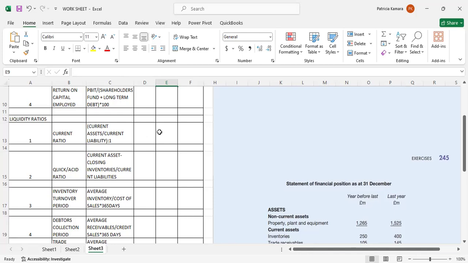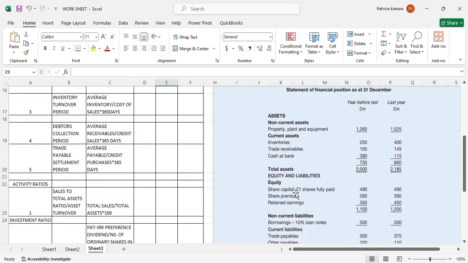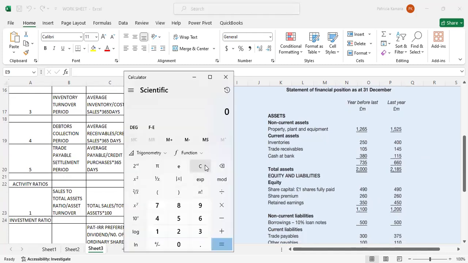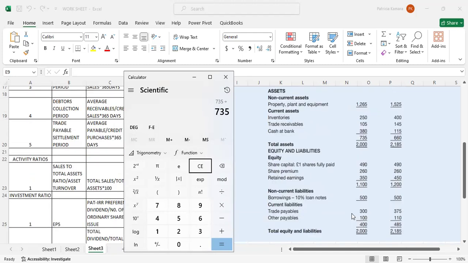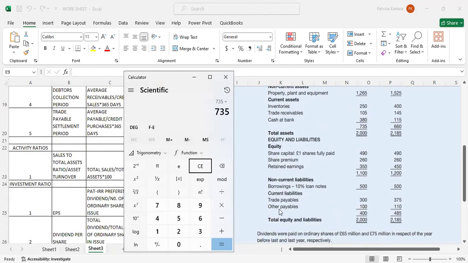Where do you find current assets and current liabilities? In the statement of financial position. So let's go there. So here, our current assets given to us in this question for 2022 is 735 divided by our current liabilities given to us here, 400, and we are getting 1.8.